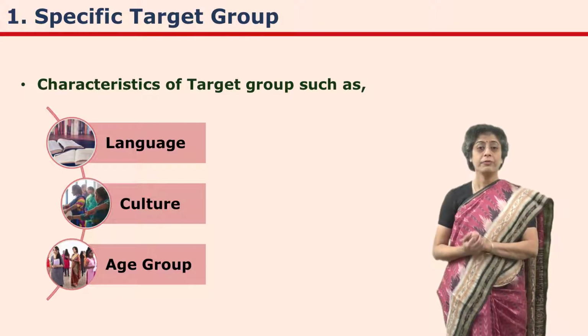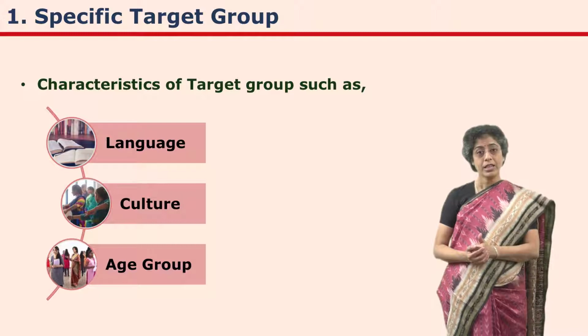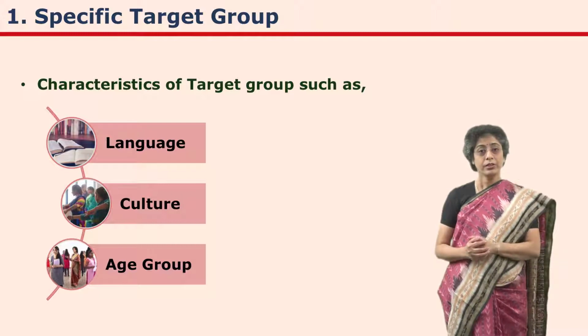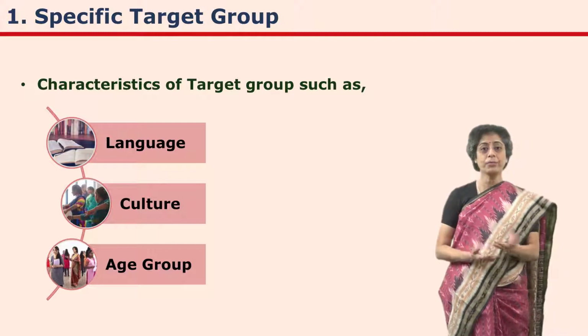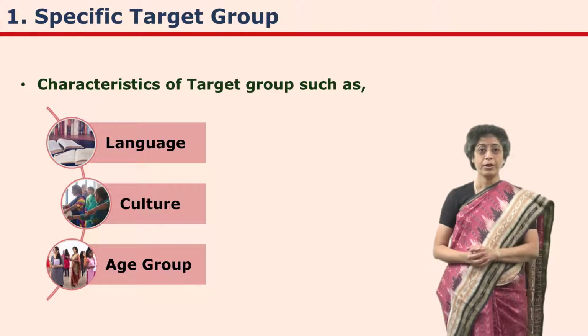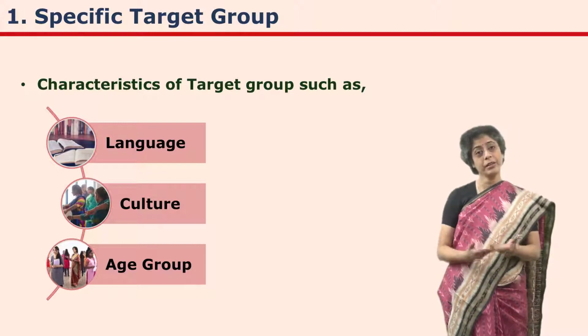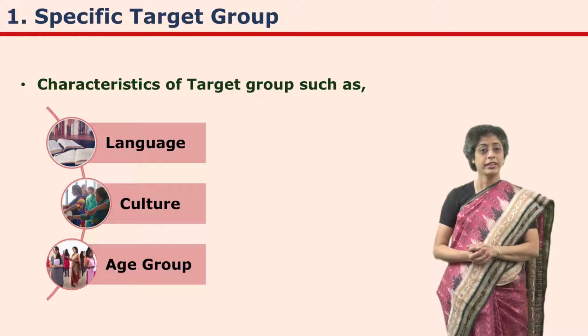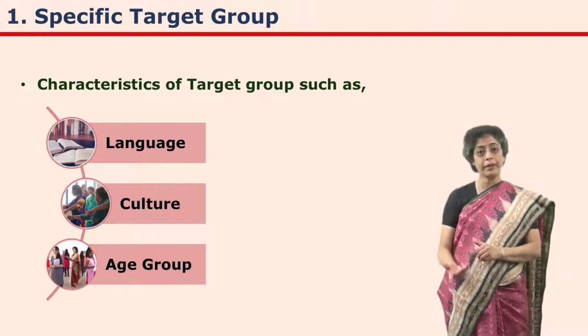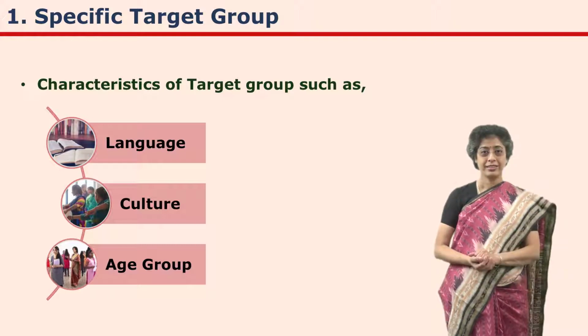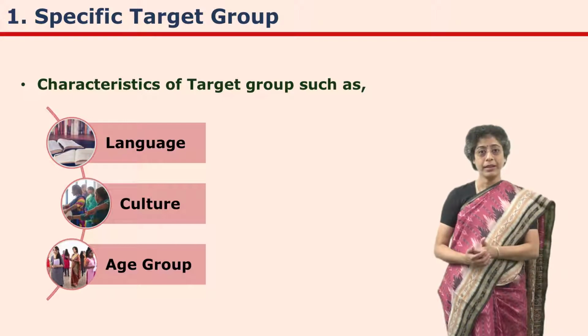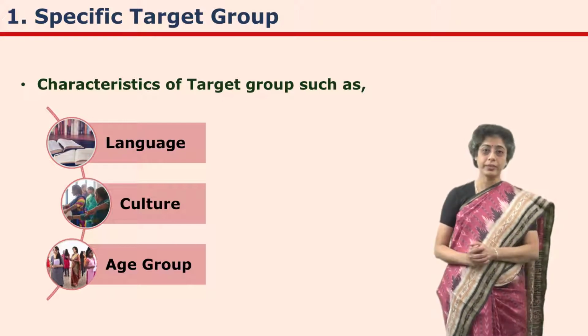Cultures play a very significant role. If you are developing a package for Indian students, you may not use examples of burger, pizza, hot dog, and if you are developing a package for Western students, then you cannot afford to talk about paratha, roti and bhakri. So, we develop packages for specific target groups.